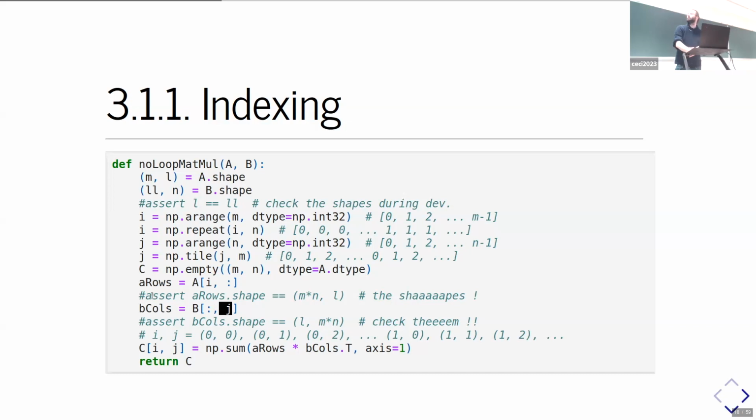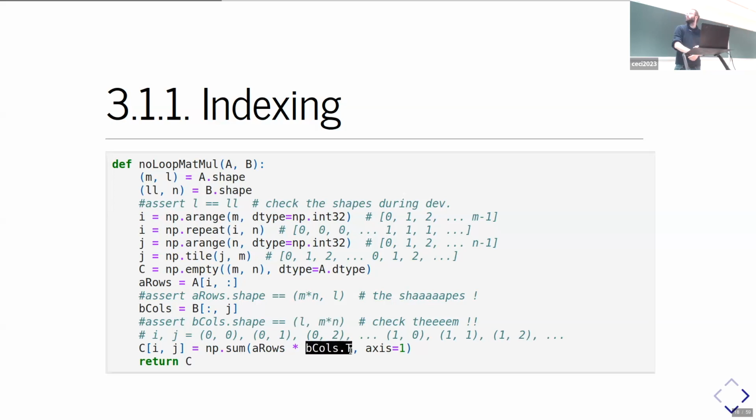Again, I commented out the assert clauses, but if you look at the shapes, I have m times n, because I is n times n indices, j also. I have an n times n by L shape for the A rows, and B cols is basically the same, but inverted, so I take the transpose of this.